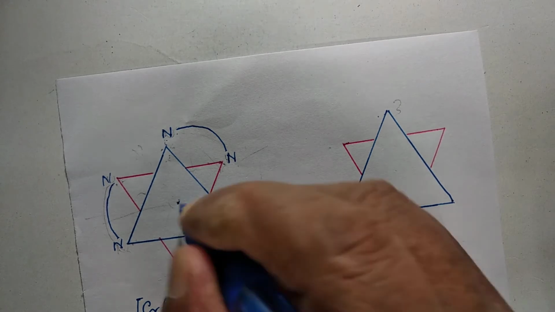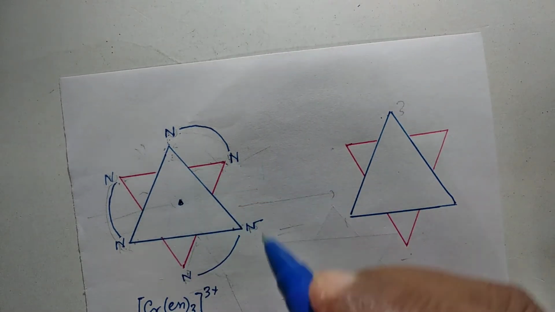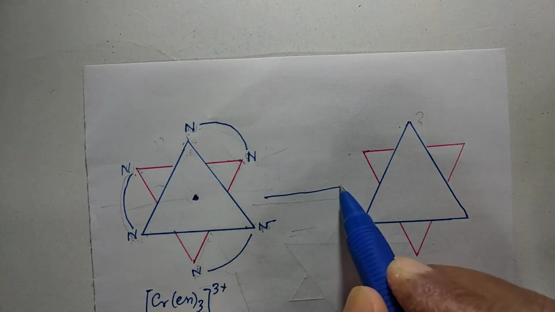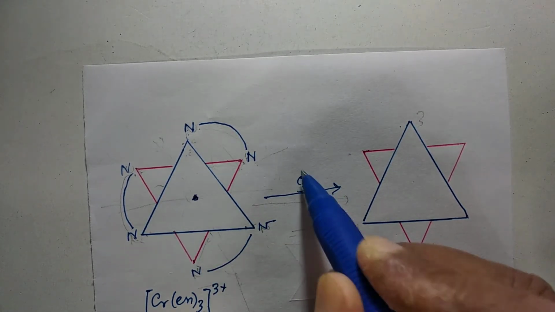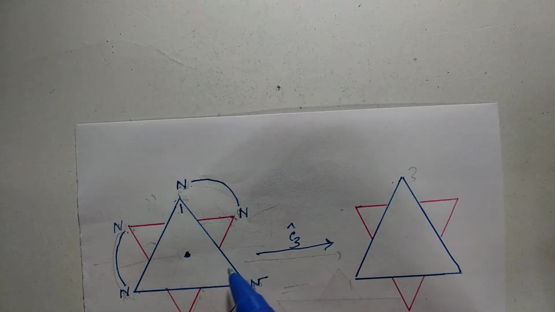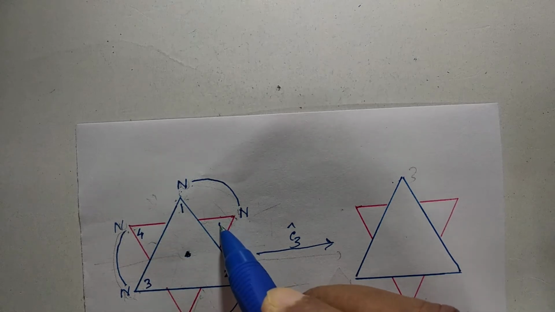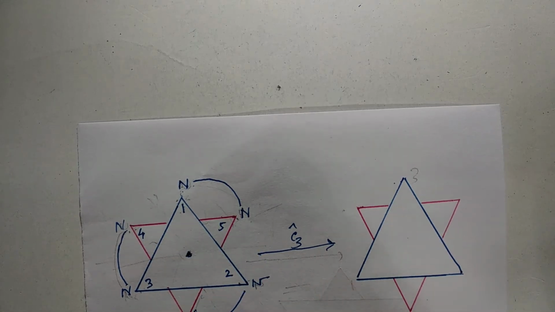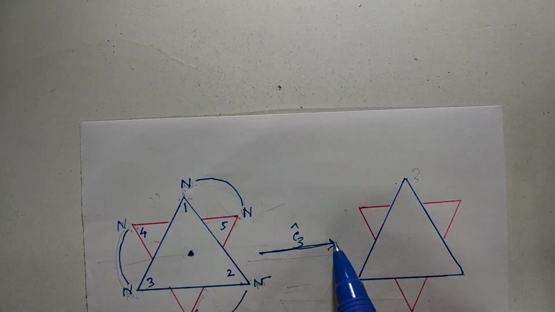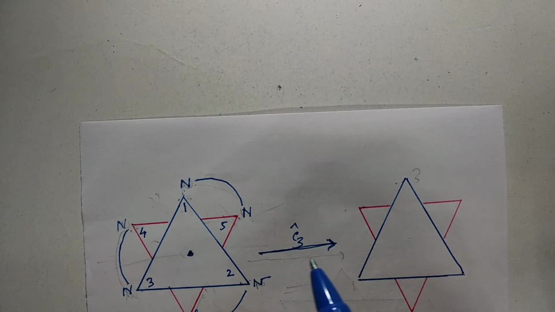If we use this C3 axis and carry out a threefold rotation, C3 operation, what will happen? Let us label these vertices 1, 2, 3, 4, 5, 6. All are nitrogen atoms. We can execute a C3 operation.